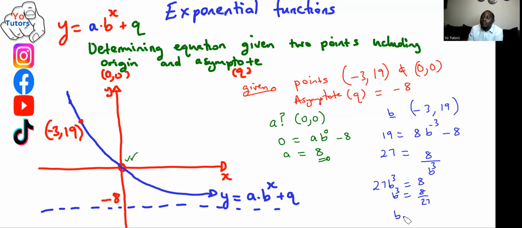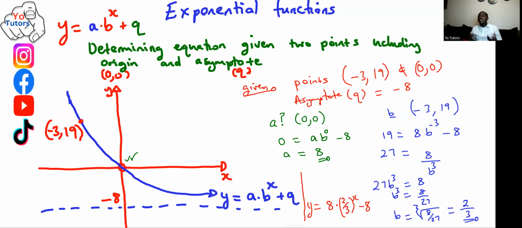I'm just making this long, but B is equal to the cube root of 8 over 27, which is equal to 2 over 3. So our B is 2 over 3. So in this case, it means that we have everything that we want. So our equation will be y is equal to 8, which is our A, and B is 2 over 3 in brackets, to the power x -8.